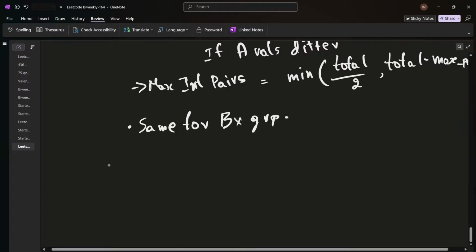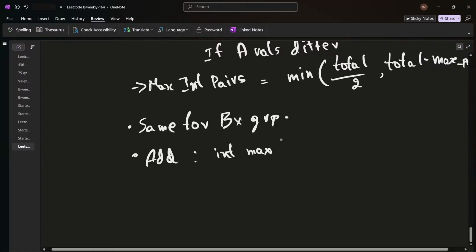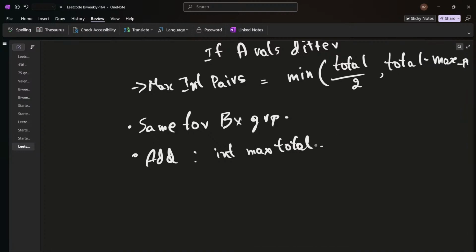And then we'll add them as internal max total, whatever you want to call it, add it as that.